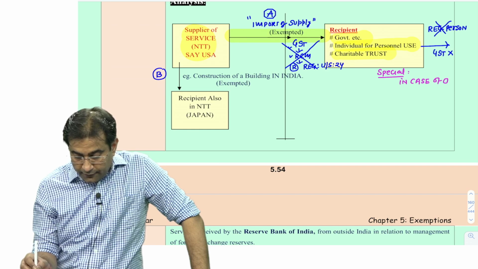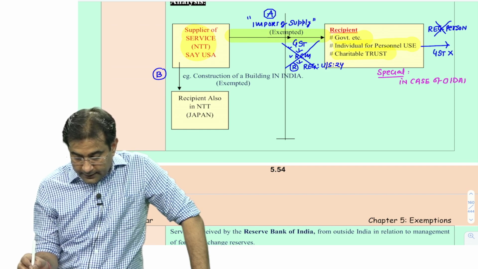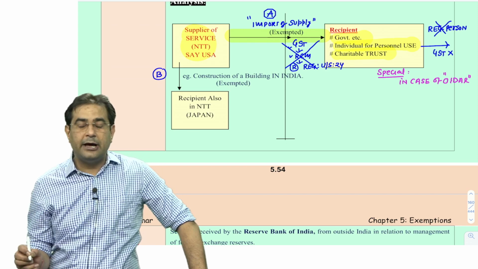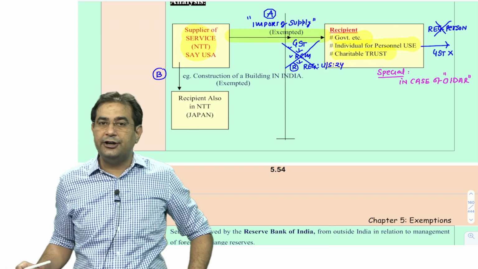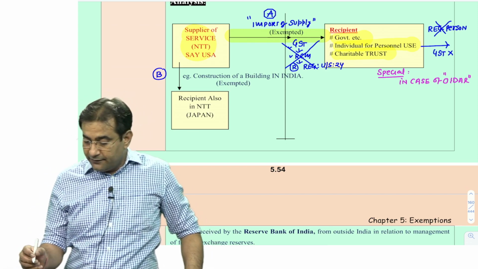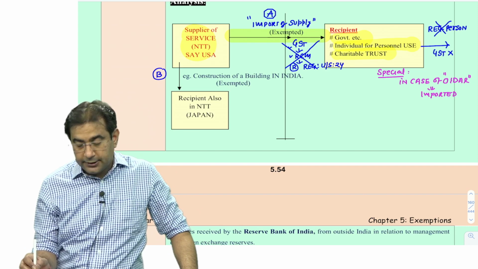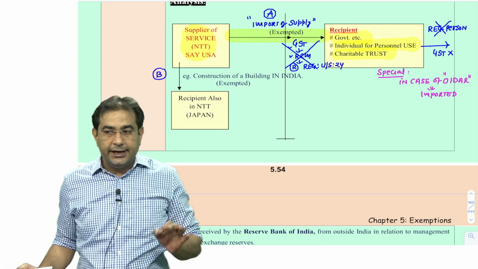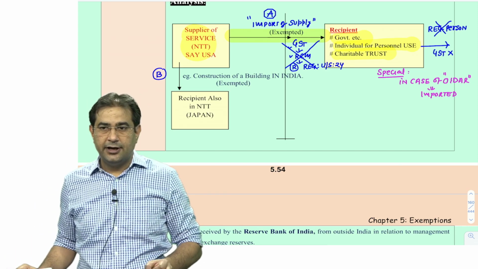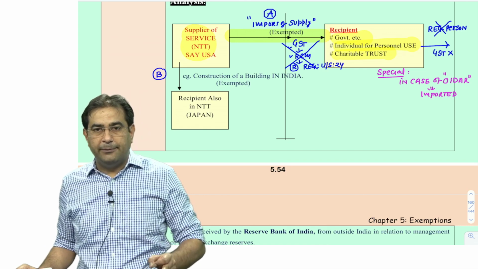In case of OIDAR, online information database access and retrieval services, if these kind of services are imported from outside India to India, in such a case, it will be liable to GST.